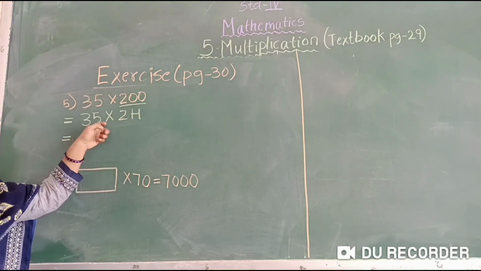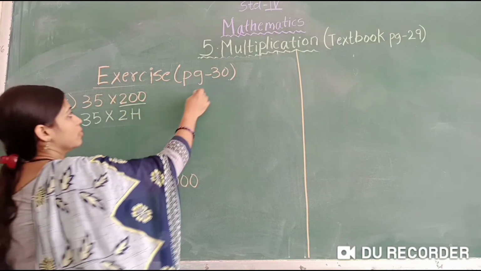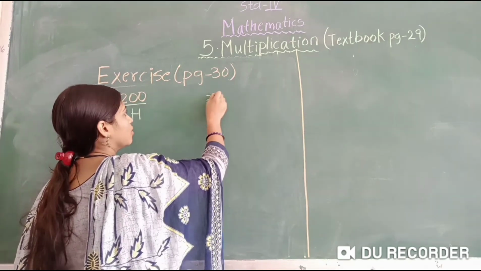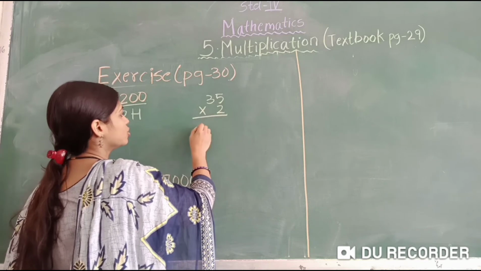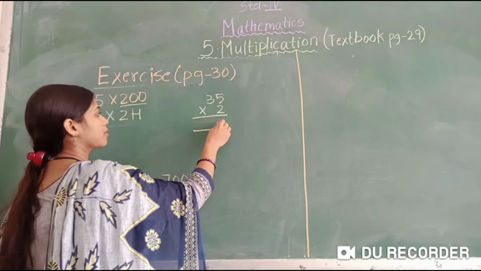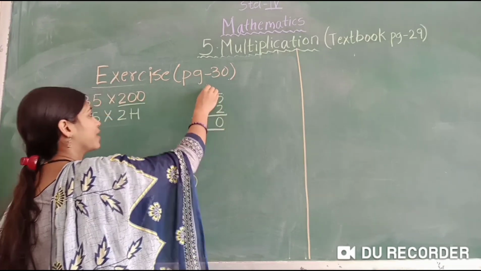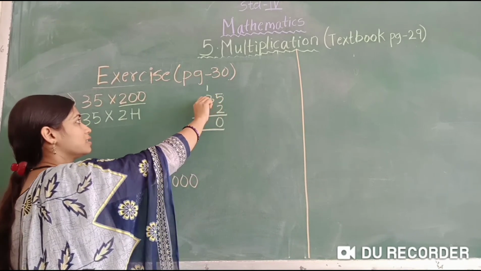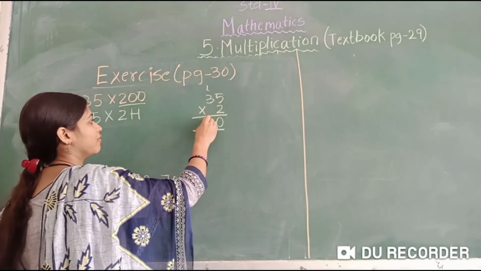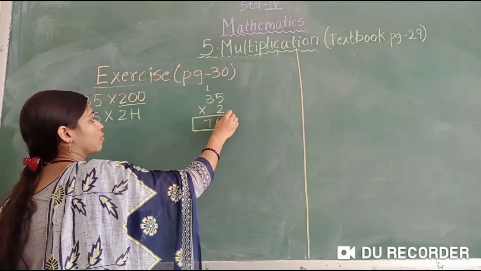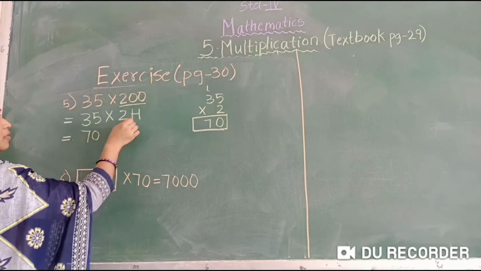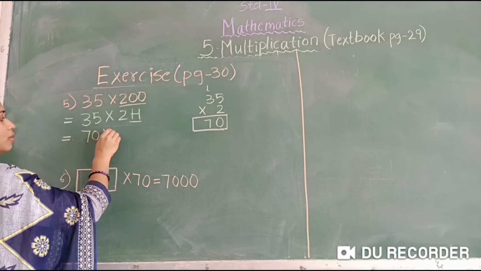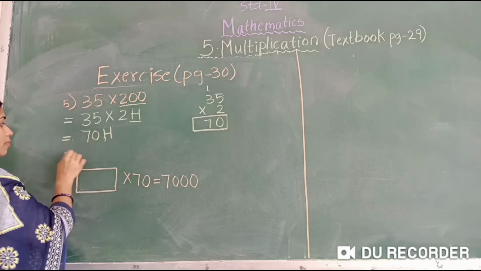We will multiply 35 by 2. 35 multiplied by 2 is how much? 2 5s are 10. 0, 1 will carry here. 2 3s are 6 and this 1 makes 7. Therefore, what is the answer? 70. And this h we will write down next to the product.